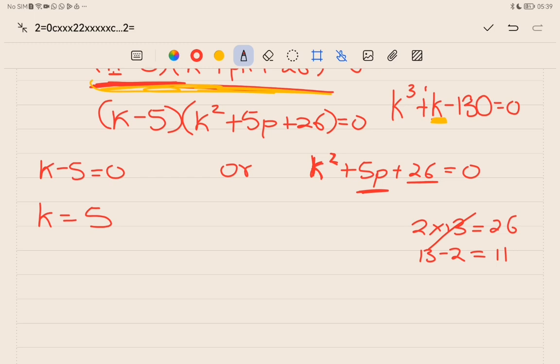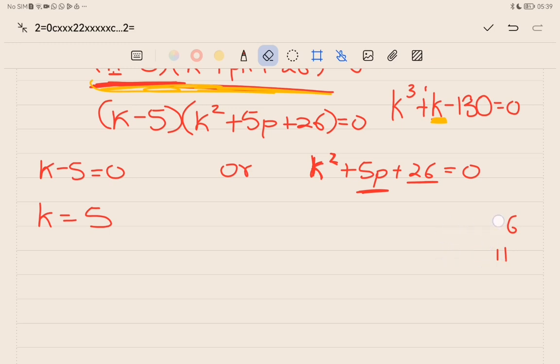So when we use our minds, we say we can't factorize this thing.